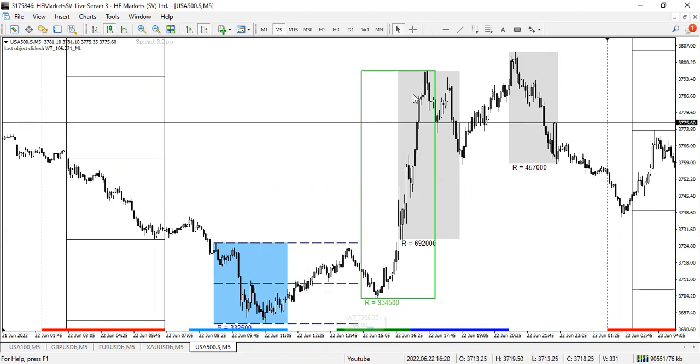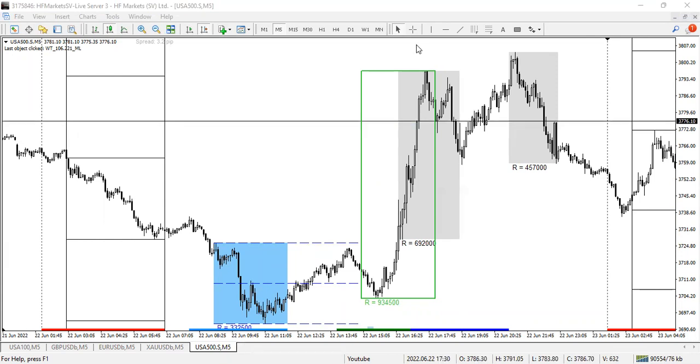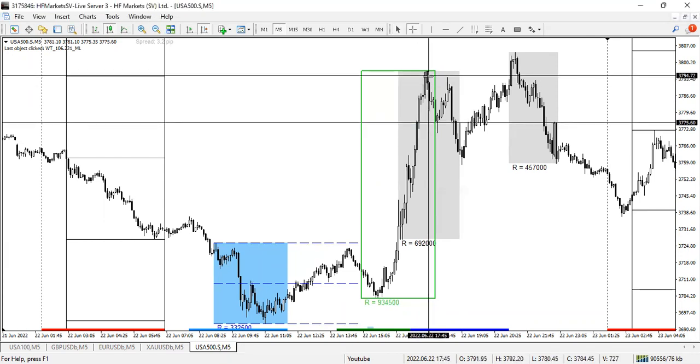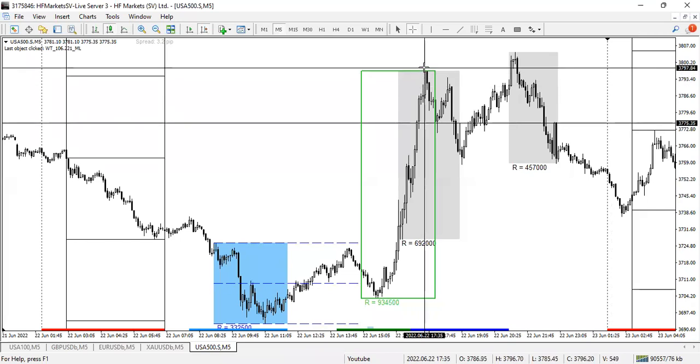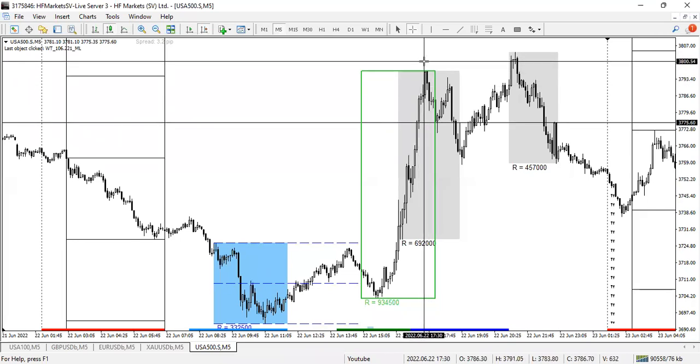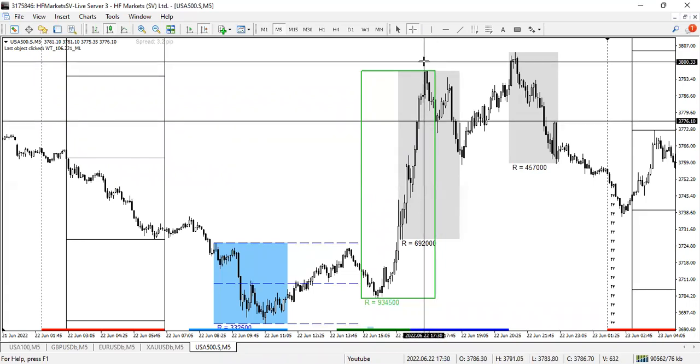You can see all that gets swept here. So this is the high that takes liquidity. This high took liquidity. If this high took liquidity, there is no liquidity here. Make sense?